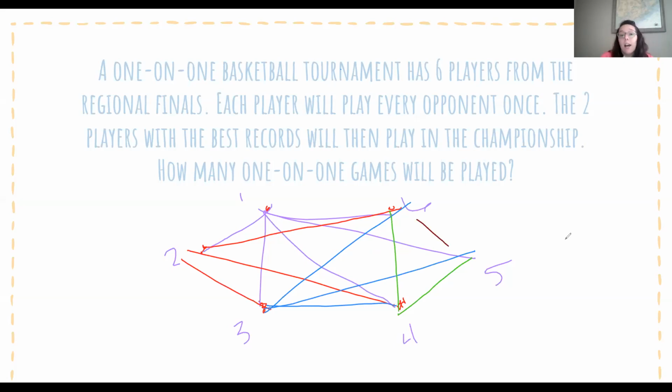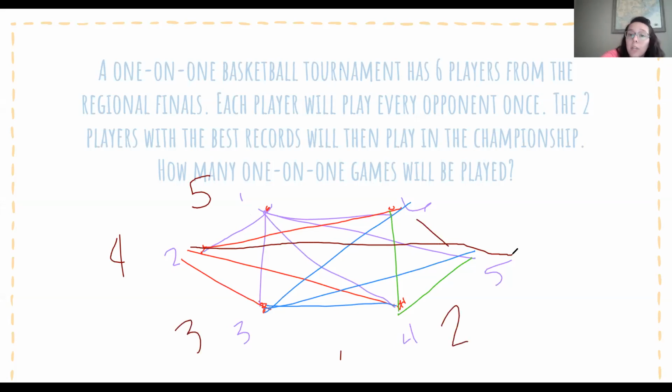So I now have all of the lines connecting every player. So if I were to go back and count my lines, I have 1, 2, 3, 4, 5 purple lines. For player 2, he played, I guess this line got erased earlier, so he played 4, then player 3 played 3 people, player 4 played 2 people, player 5 played 1 person, and then player 6 is accounted for in all of those.